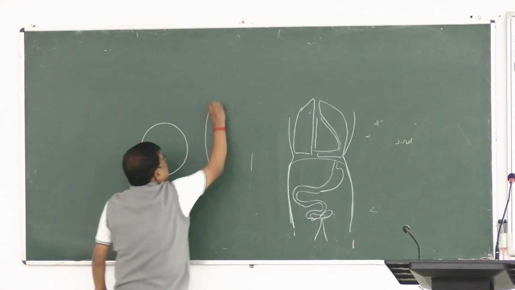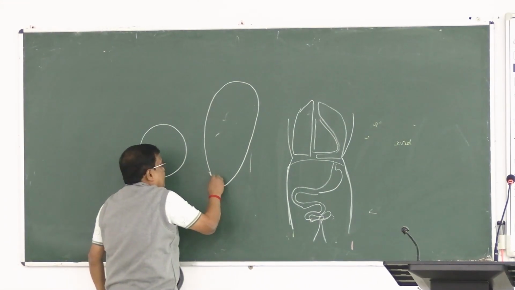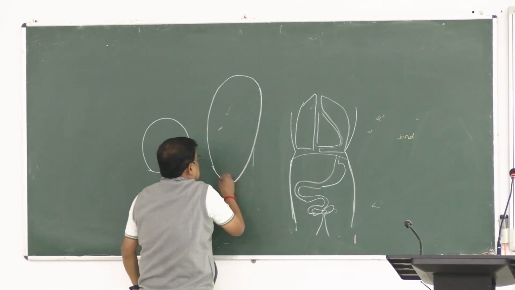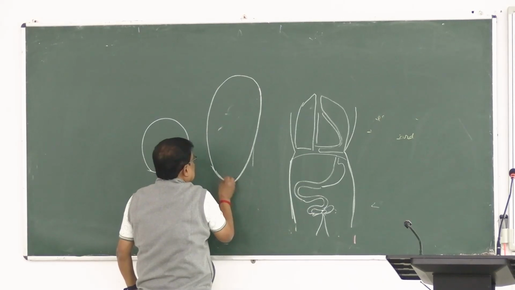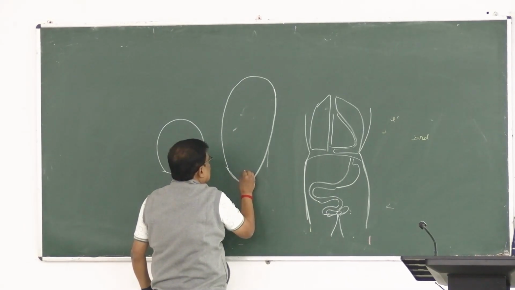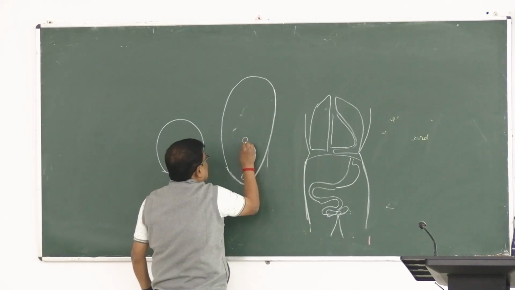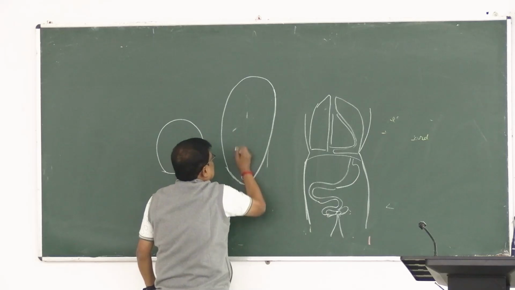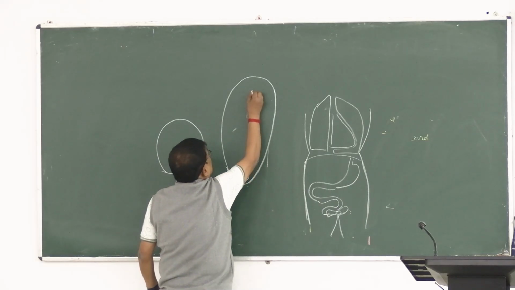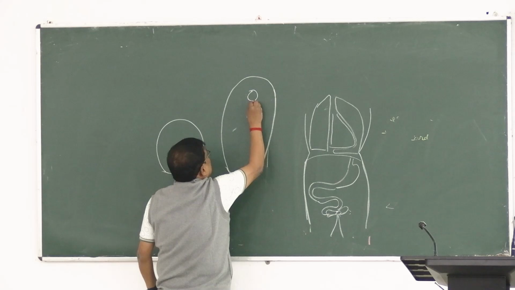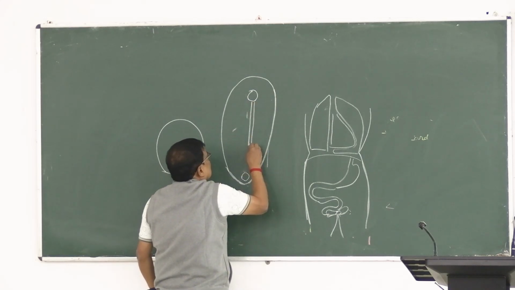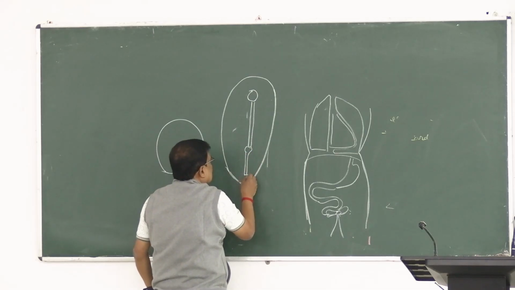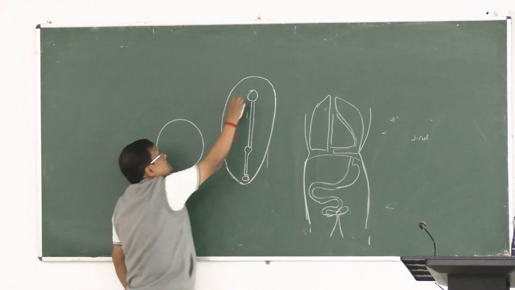Gradually, cloacal membrane, primitive node, notochord, buccopharyngeal membrane, notochord, primitive node, primitive streak, cloacal membrane, and this is the cell mass.